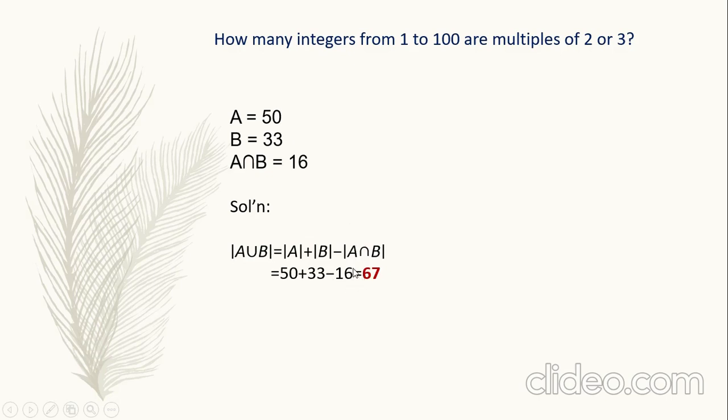Meaning, there are 16 numbers that are common to both A and B. Okay, for example, in A, you have 30. And then in B, you also have 30. So, that is one of the numbers common to the two sets. Okay? So, 50 plus 33 minus 16, that is equal to 67.